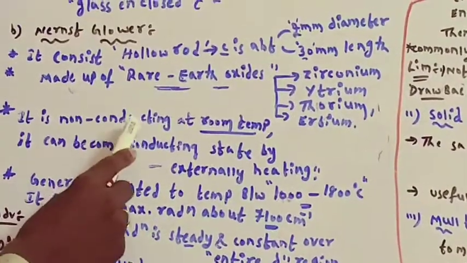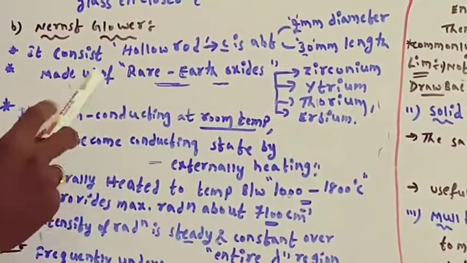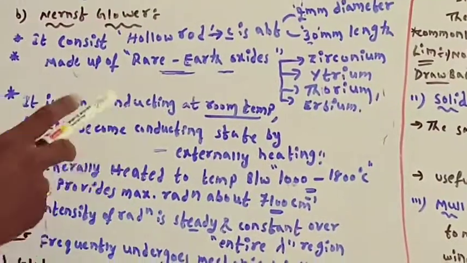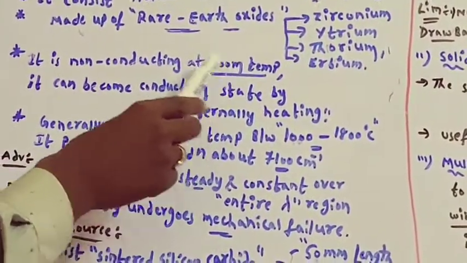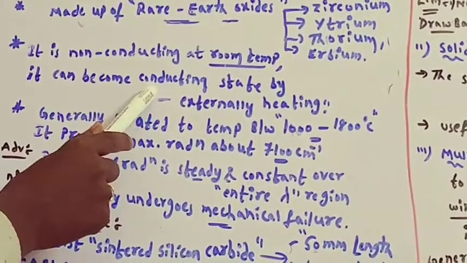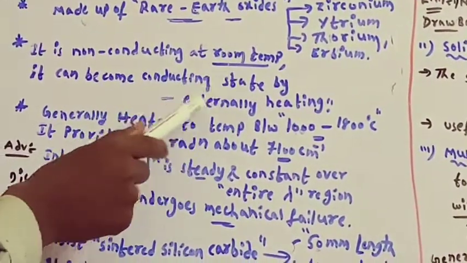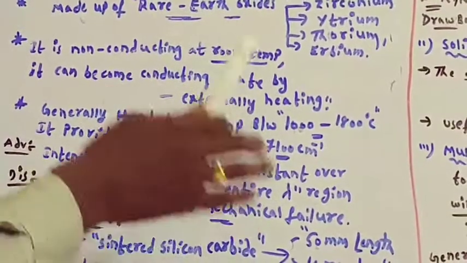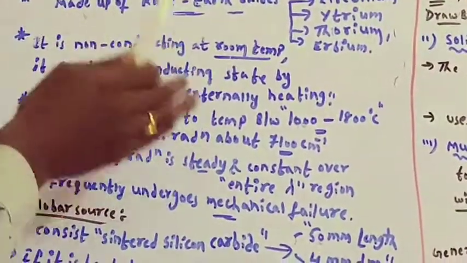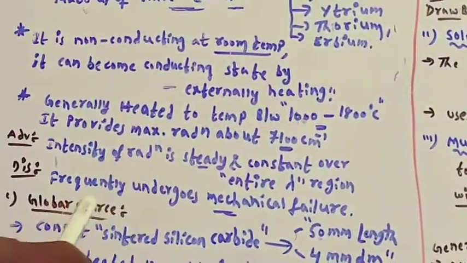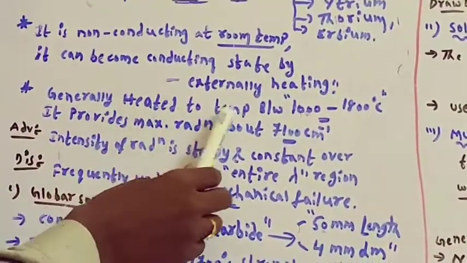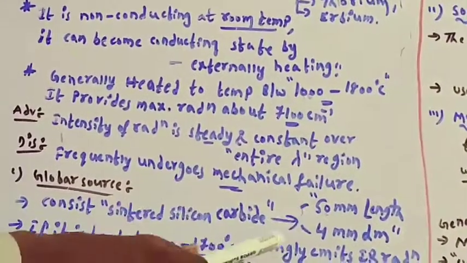Then, it is non-conducting at room temperature. Non-conducting means it is unable to pass current at room temperature, but it can become conducting by external heating. When you supply heat to the Nernst glower, it becomes conducting. Generally it is heated to a temperature between 1000 to 1800 degrees centigrade.